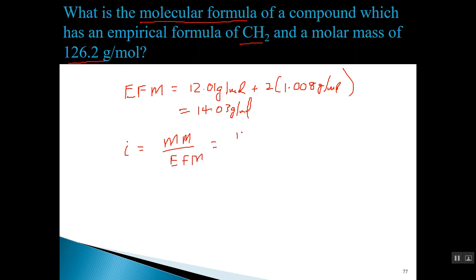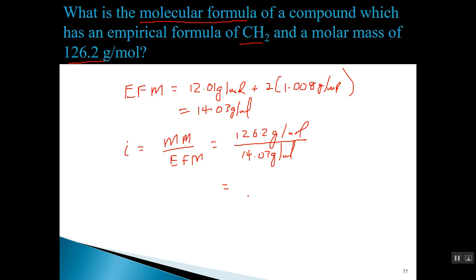So that will be 126.2 grams per mole divided by 14.03 grams per mole. And when I do that, 126.2 divided by 14.03, you're going to get an integer, or you should get an integer.